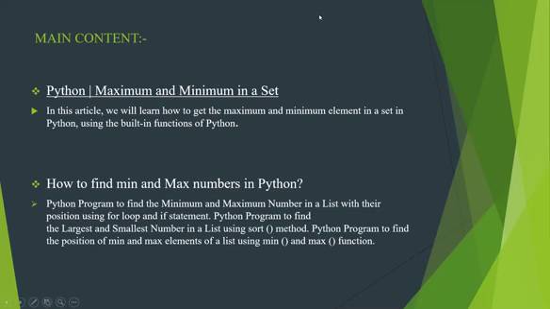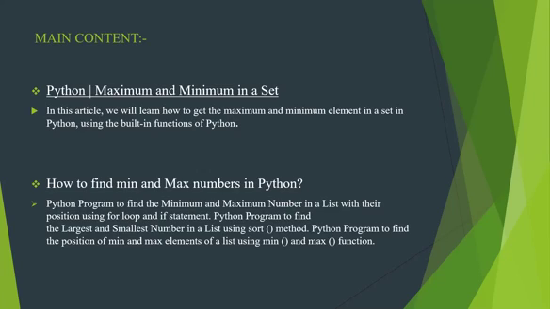Hello, I'm Shobhani Jana. I will be explaining the main content of our project, Python maximum and minimum in a set. In this article, we will learn how to get the maximum and minimum elements in a set in Python using the built-in functions of Python. How to find minimum and maximum numbers in Python.